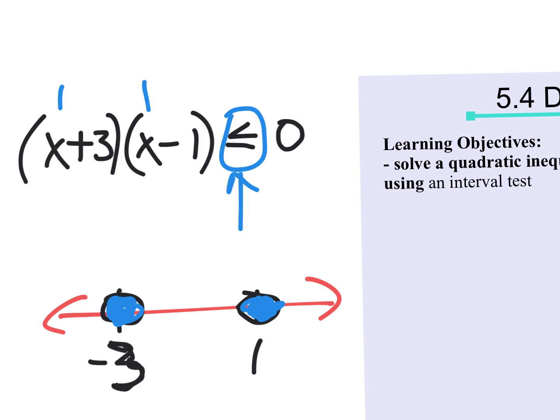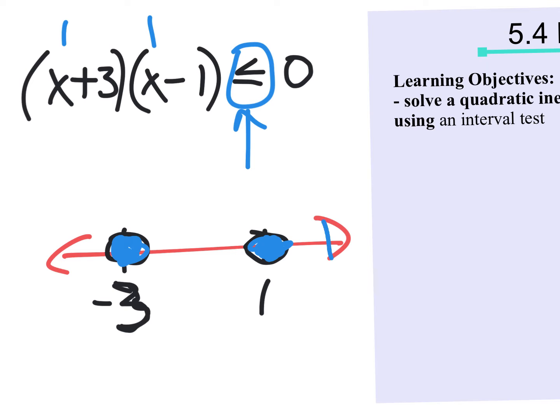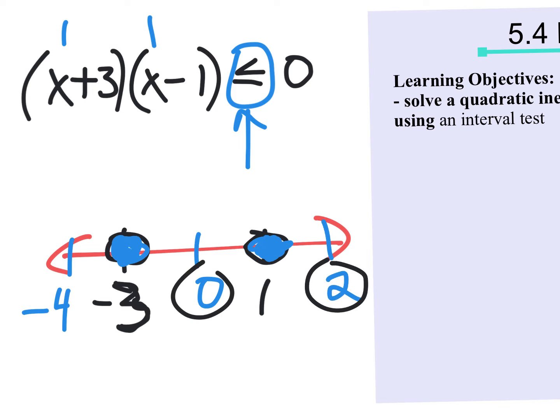Okay, now this is the testing intervals part. There's a 2 up here, there's a 0 in here somewhere, and there's a -4 down here. When you're testing the intervals, you're trying to see whether that 2 will work. What do I mean by work?